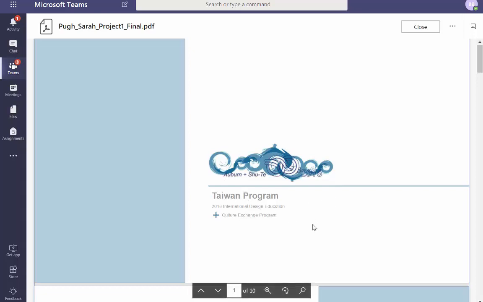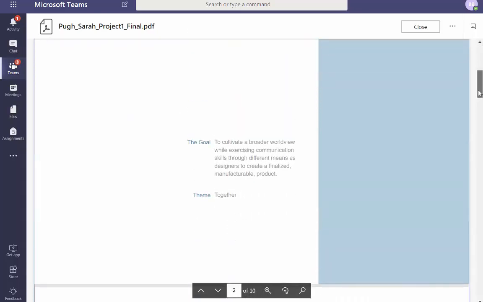Taiwan Study Abroad Program. Also, see that border around your blue block? Get rid of that border. How can we be more brief?